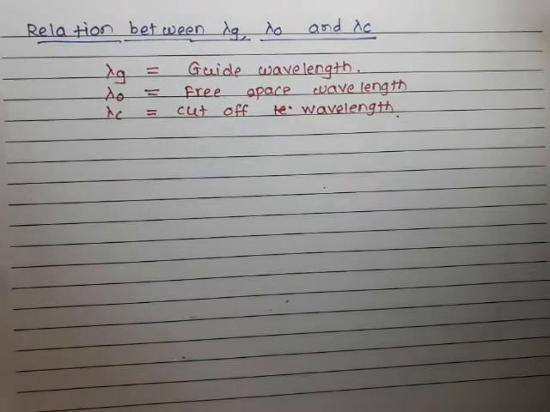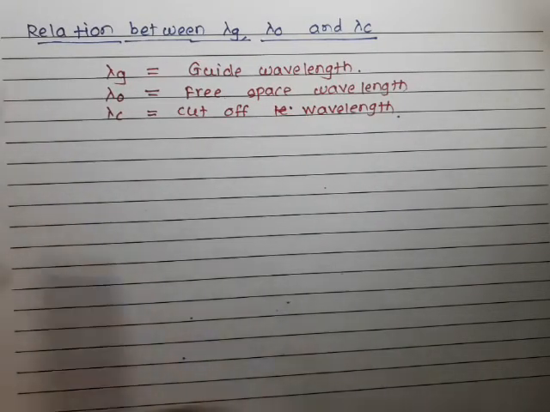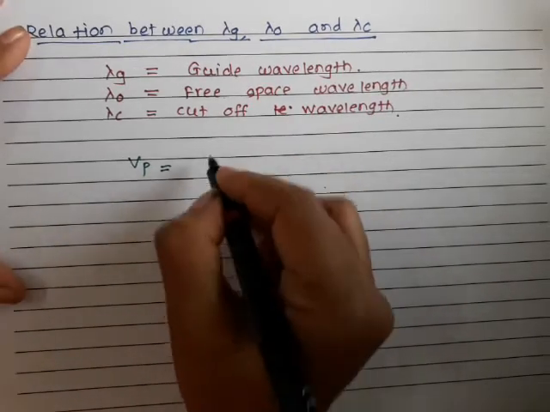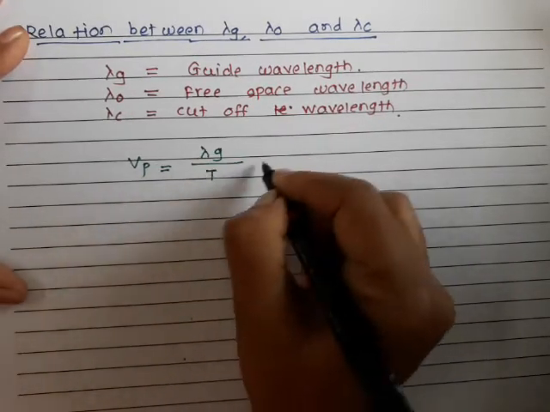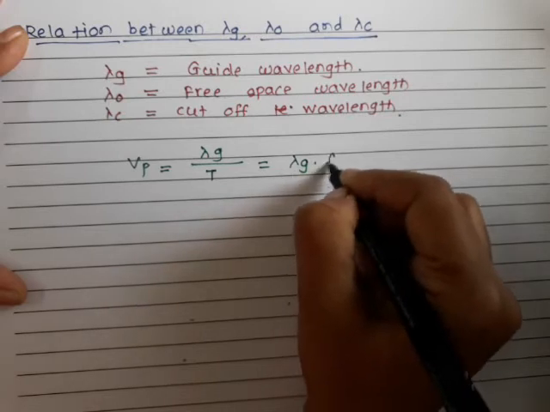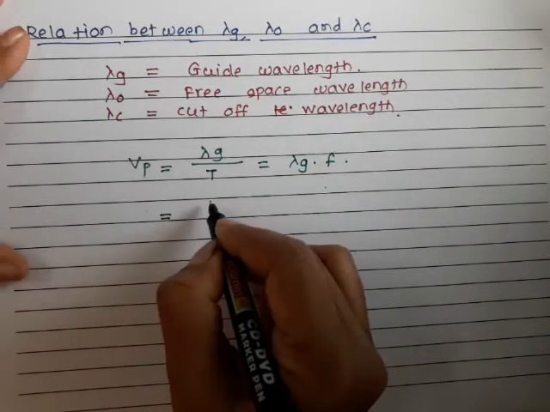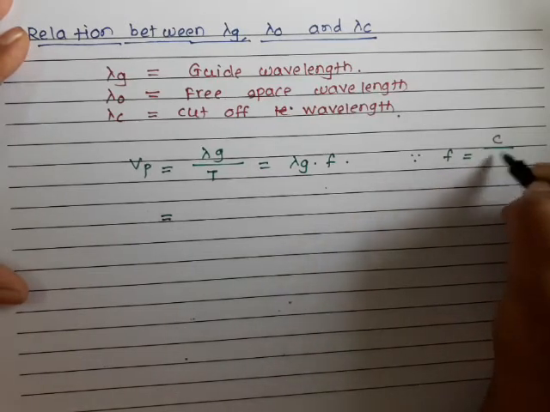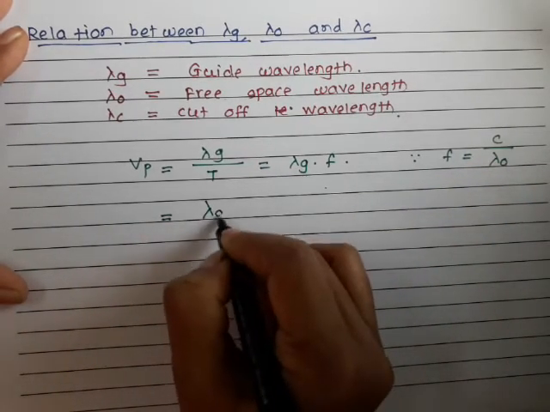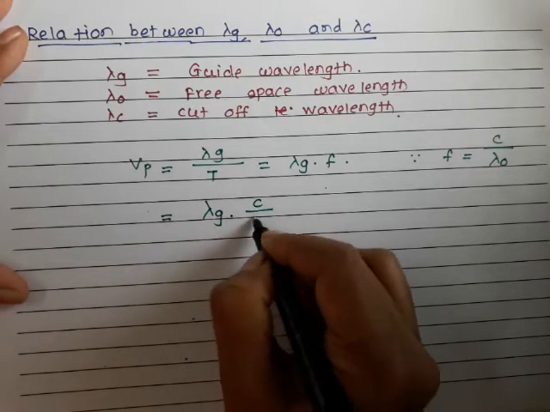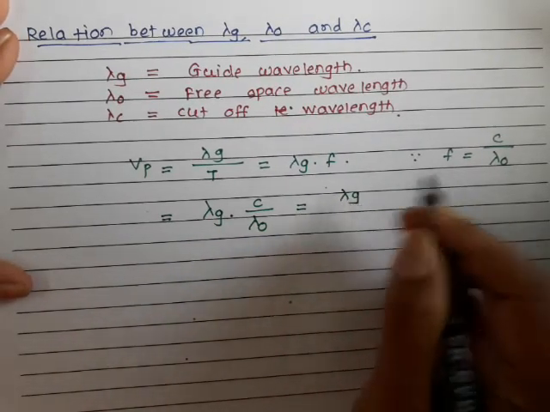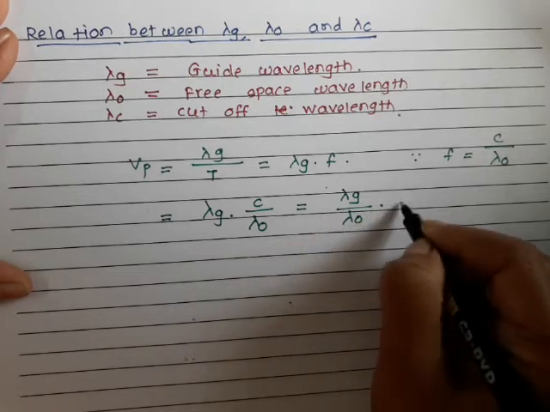Now as we have already dealt with Vg, we know Vp. Vp is nothing but the distance lambda g traveled per unit time, which is lambda g into f. Now f is nothing but c by lambda 0. So lambda g into c by lambda 0, which I can write as lambda g by lambda 0 into c.